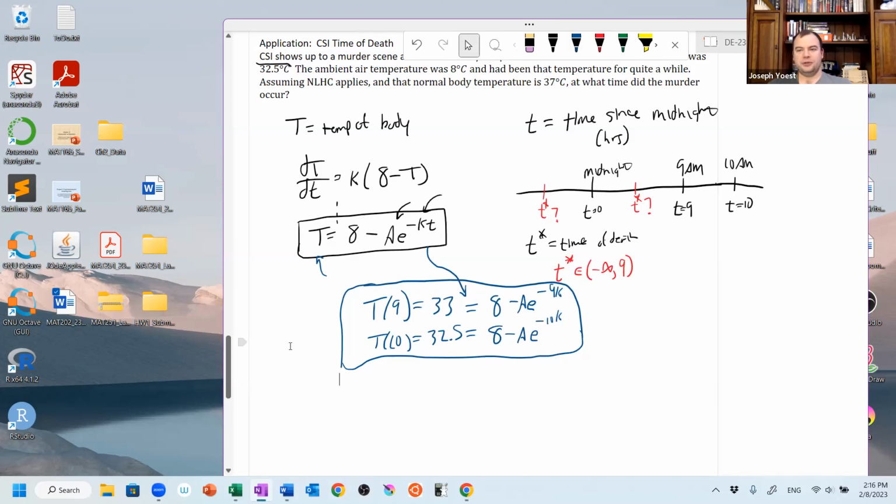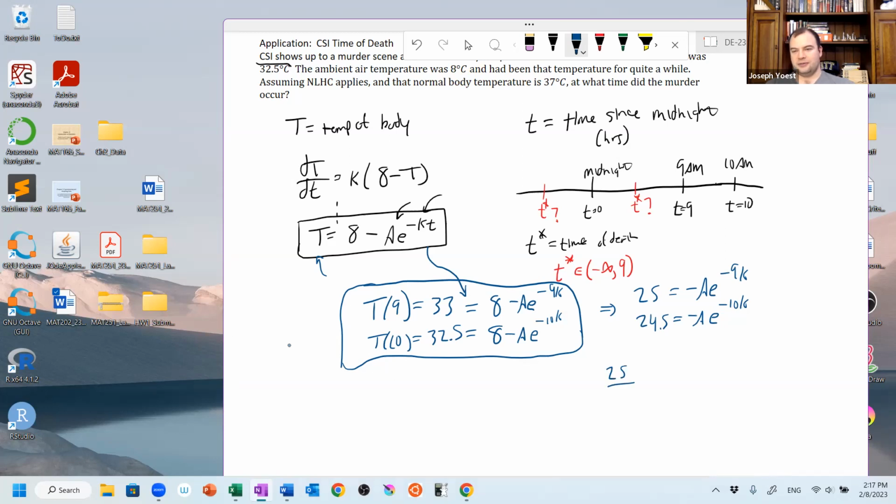All right. So what can I do here? I have two equations of two unknowns, not linear equations, but they're not too bad, right? The first thing I might want to do is just subtract my 8s over. And let's see, what does that give me? 25 equals negative A e to the negative 9k. And I have that 24.5 equals negative A e to the negative 10k. I can divide these two.